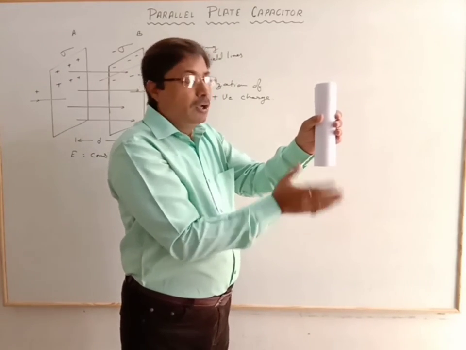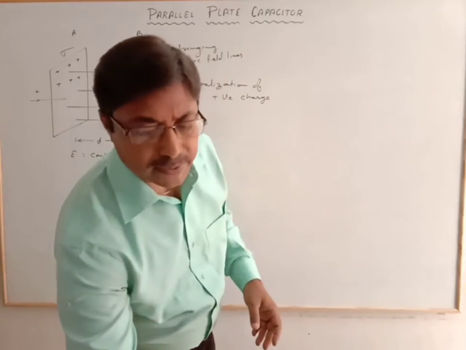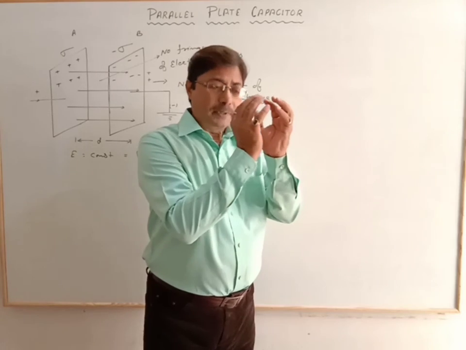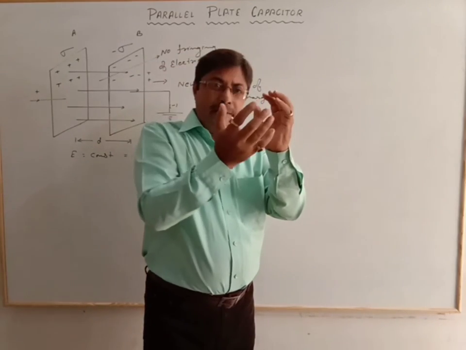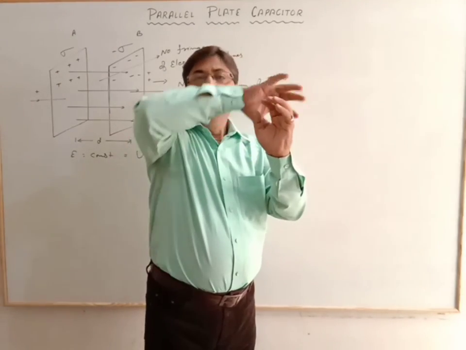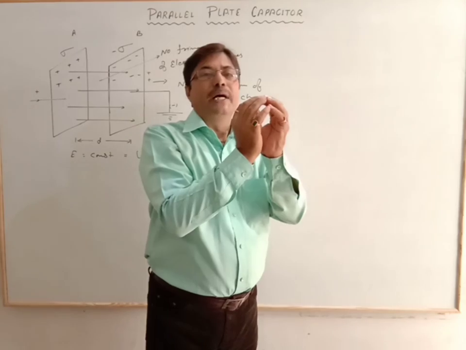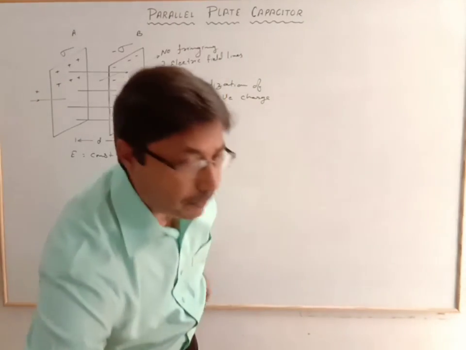So that becomes the cylindrical capacitor. Like that, whenever the two parallel plates are arranged like a sphere, and over that sphere there is another sphere covering it parallelly, that becomes the spherical capacitor. So this is the arrangement of the parallel plate.